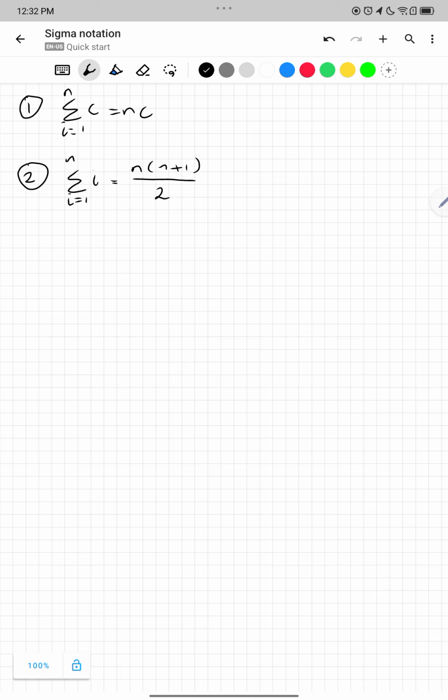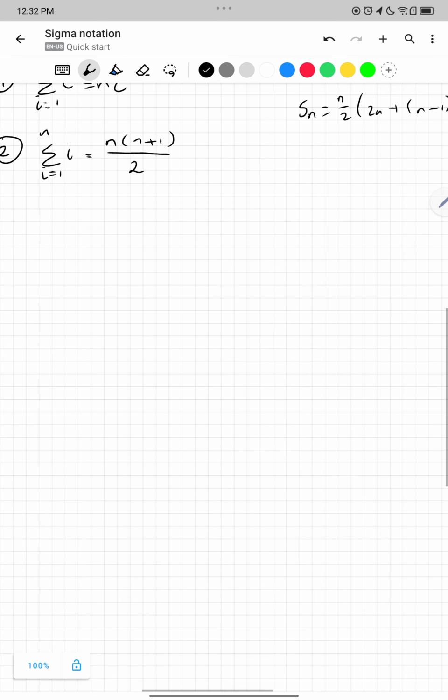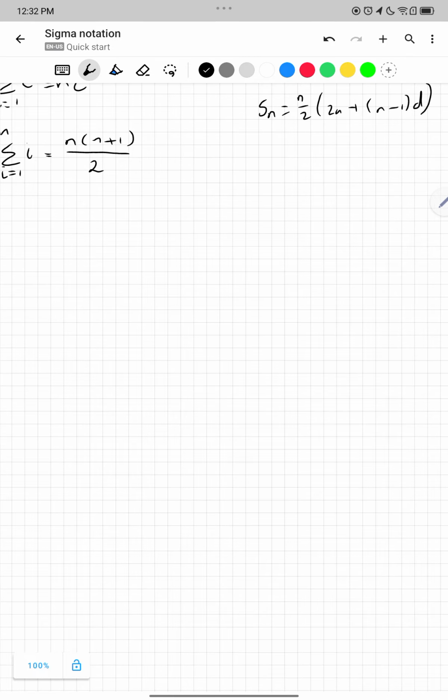So if you have this, Sn is equal to n over 2, 2a plus n minus 1 d, where let's say the first term is 1 and the common difference is 1, so we have Sn is equal to n over 2.